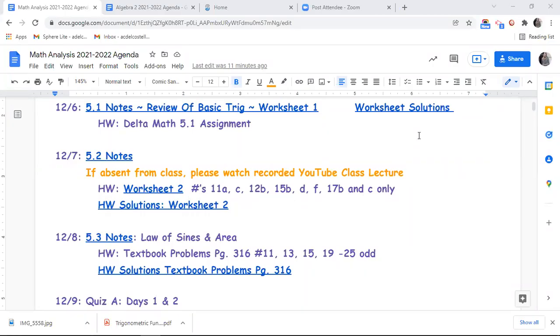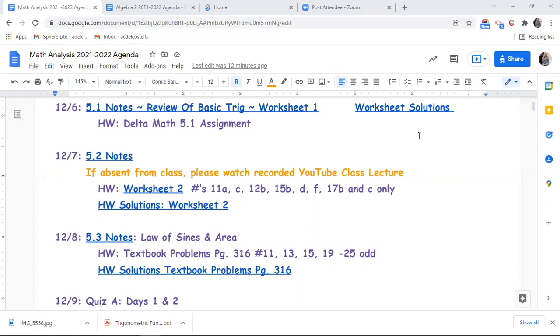Okay, so we are going to start right with 5.2 notes again, which are going to refer to your special right triangles, unit circle, and basic review of solving trig functions. The first thing I need to make you aware of is your calculators, and especially if you borrow mine, you need to now hit mode and make sure that it is in degrees and not radians.